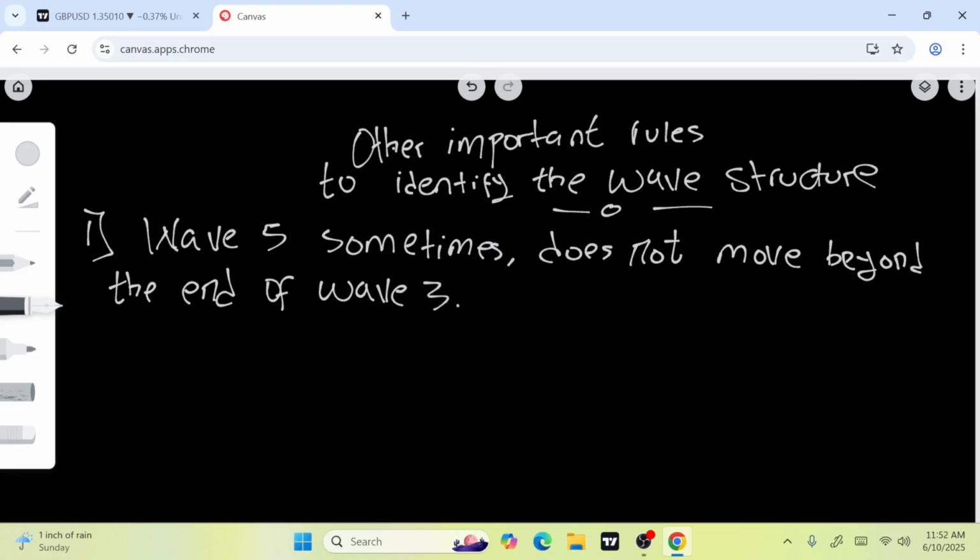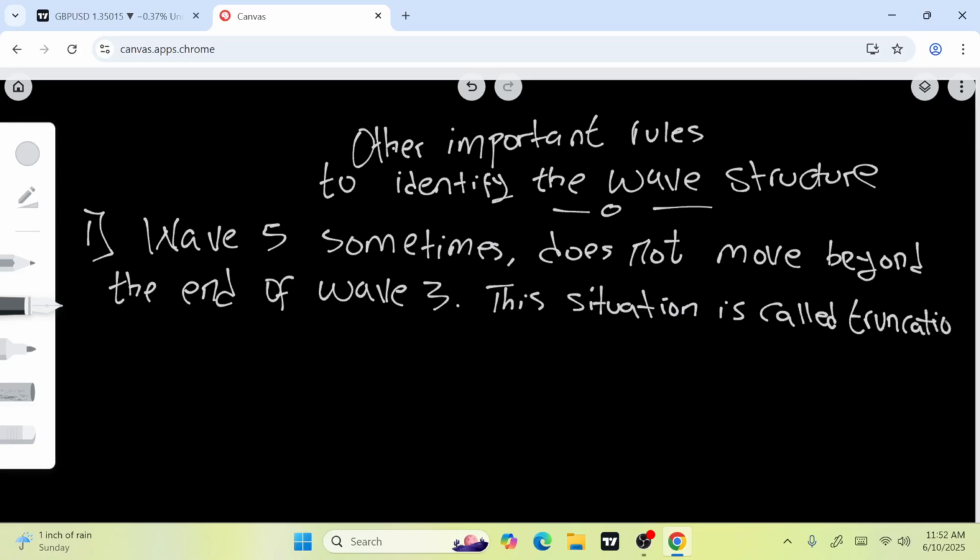Full stop. This situation is called truncation.